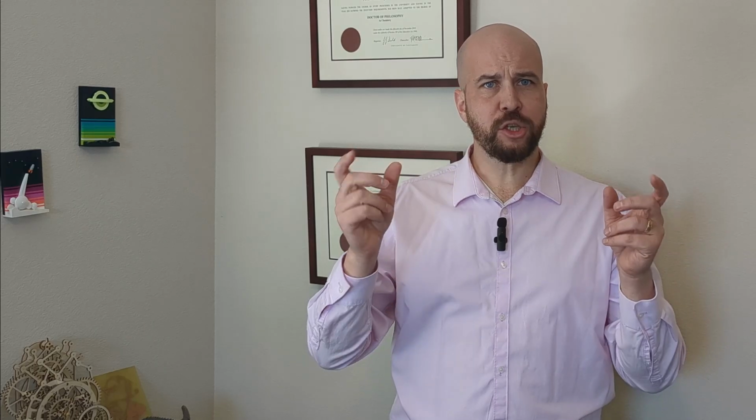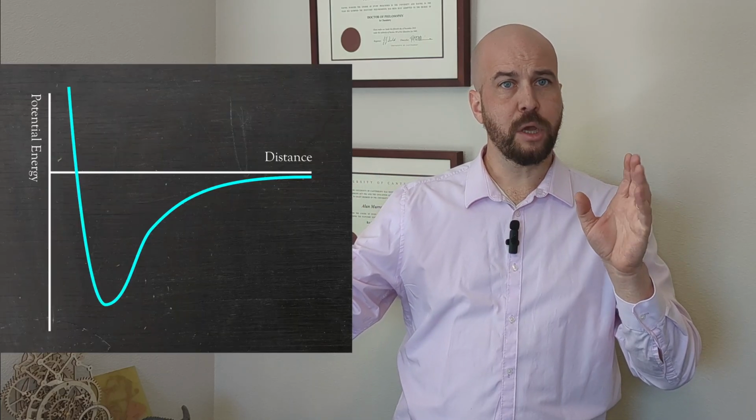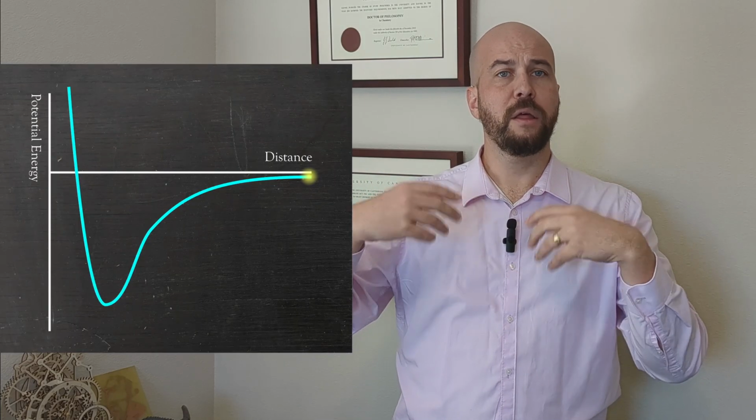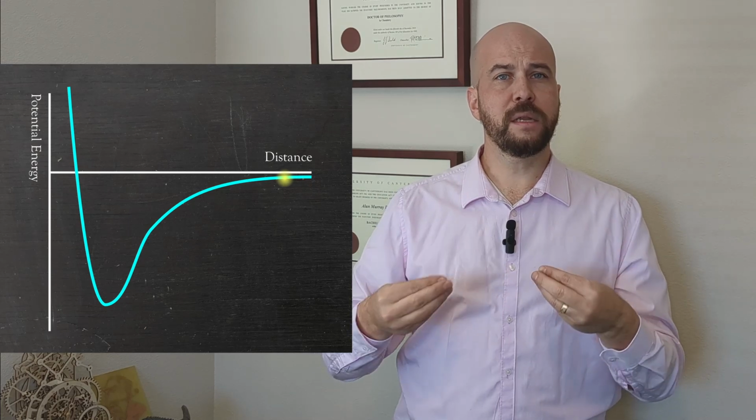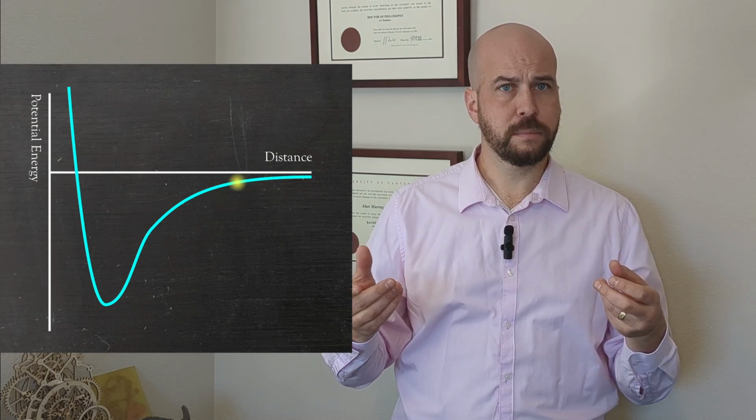Now, in order to understand bonding, we first need to think about why it is that two atoms would want to come together anyway. And we can do that by considering the potential energy for two hydrogen atoms at different distances. As the two hydrogen atoms approach one another, their electrons begin to interact with the nucleus of the other atom.